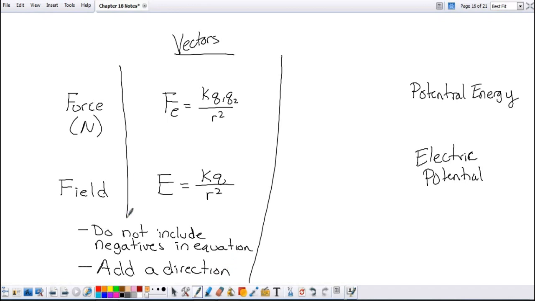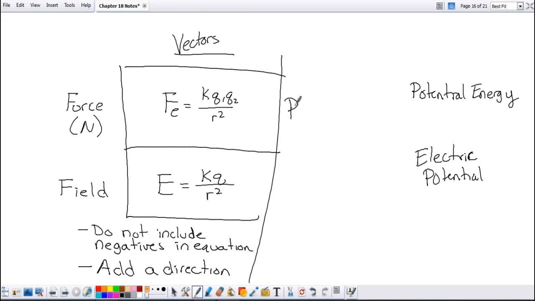Okay, so in this vector column, we don't include the negatives in the equations, but we do include a direction, and these are vectors. And then if we look at the potential energy, well, the potential energy equation looks a whole lot like the force equation, okay, Q1 times Q2, only we're dividing by the distance instead of the distance squared, okay? And the electric potential looks a whole lot like the field equation, except that it's just divided by the distance, not the distance squared, okay?